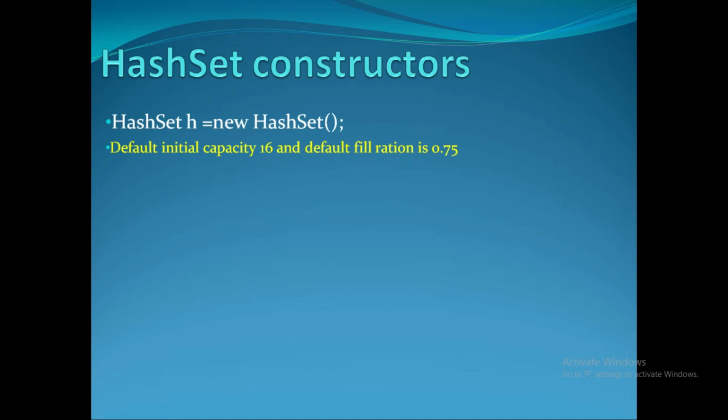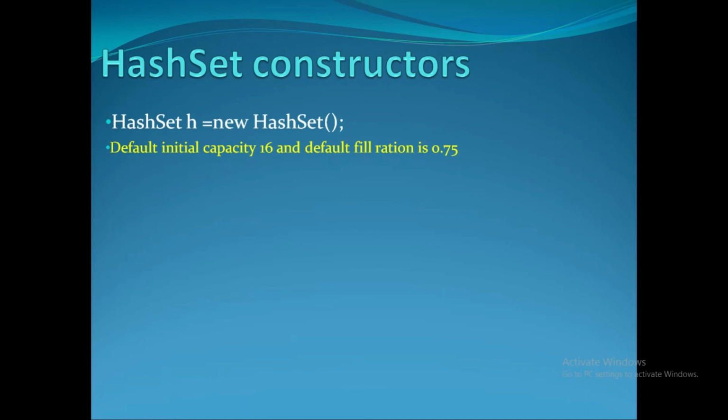So what is this? The fill ratio is nothing but up to how much part of this set is filled, it will automatically increase its size. Suppose 16 is the initial capacity; once 13 positions are already filled, at that time it will automatically increase its capacity.